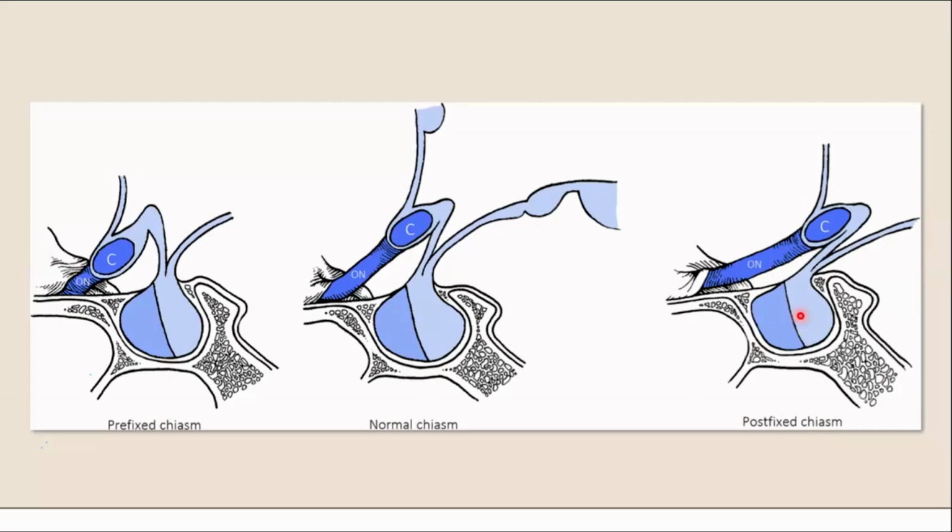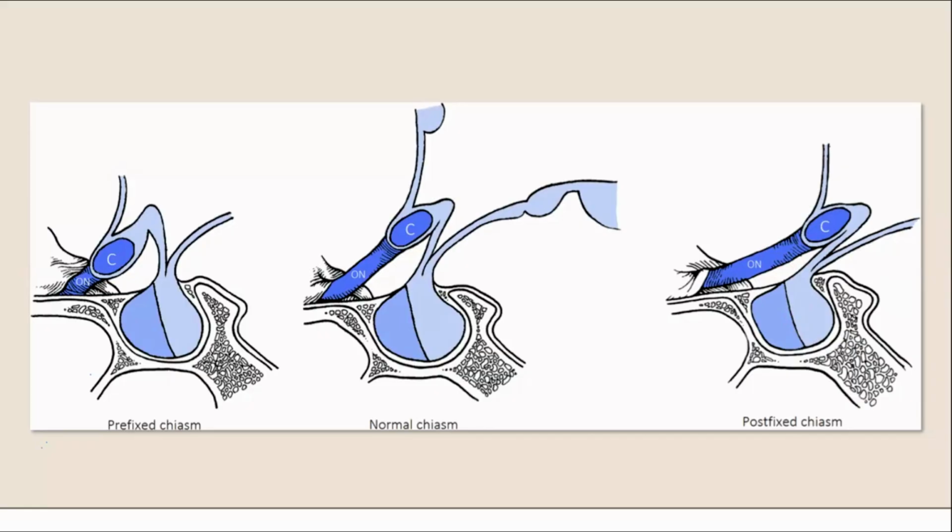And in such a case, what is the reported visual field defect if a pituitary adenoma compresses the junction between the optic nerve and the chiasm? What we call junctional scotoma. Yeah, junctional scotoma. Can you describe it?